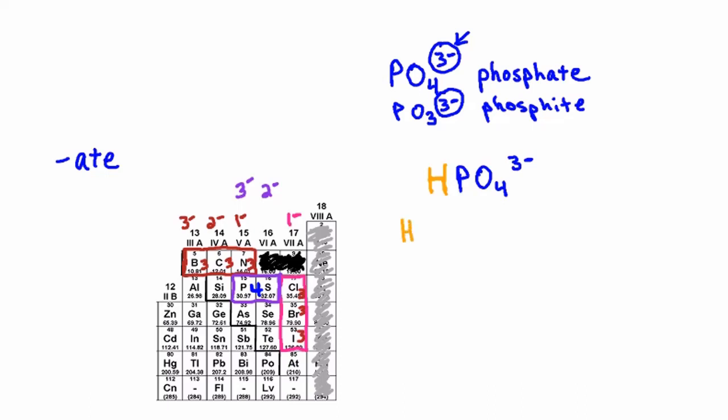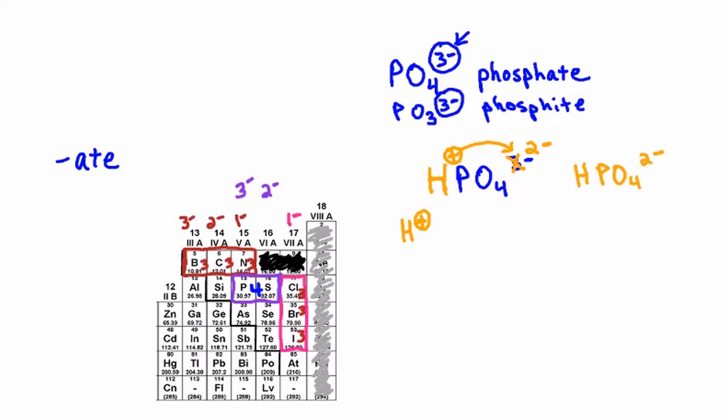Hydrogens have their own one positive charge to it. So when you add this positive charged hydrogen to the phosphate, that takes away one of these negative charges. So you're going to end up with a 2 negative charge if you have hydrogen phosphate.